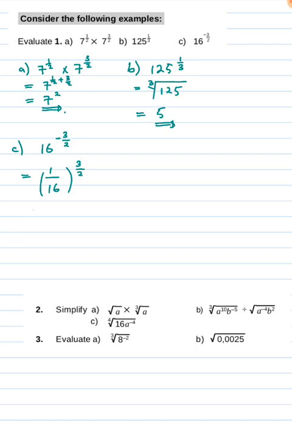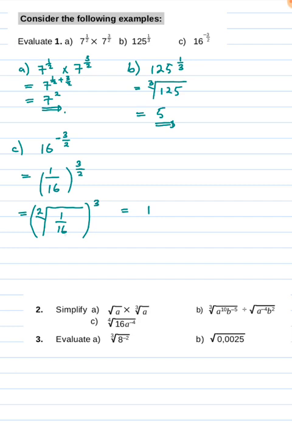So when we do that, this one now becomes root sign 2, then 1 over 16, then all of it to the power of 3. Then square root of 1 is equal to 1.